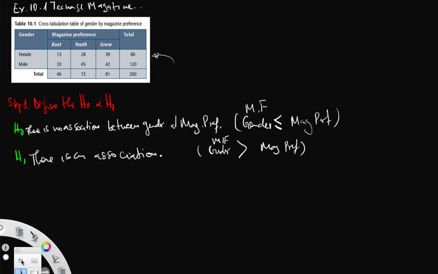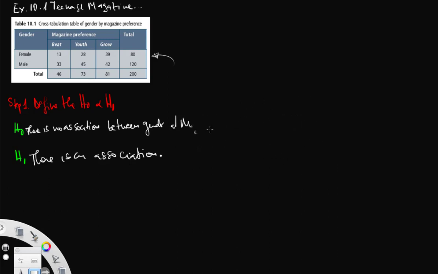Now we will just make some space here and go to our second step. Okay, I deleted some of it. Now let's go to step 2, to determine the region of acceptance.